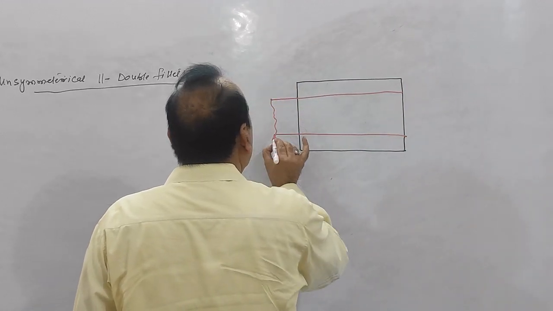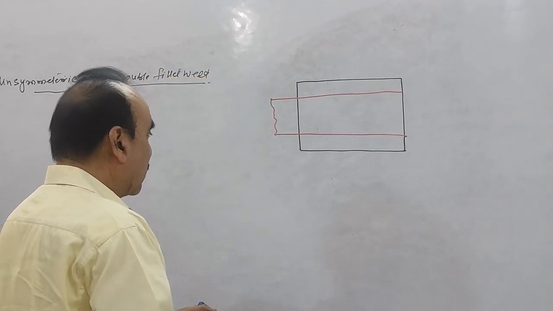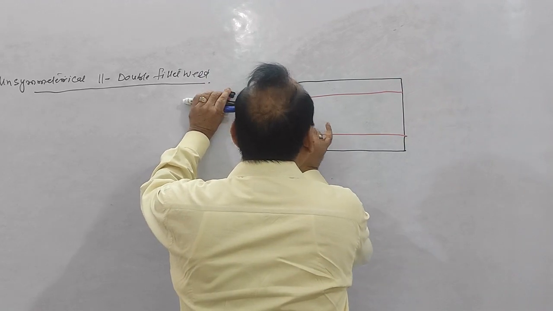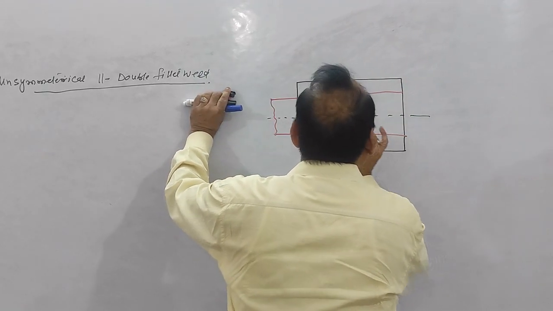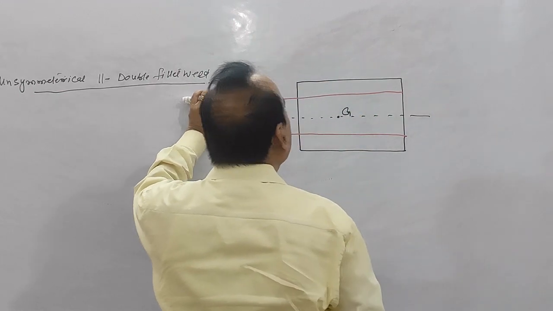This is the center line, the centroid of the plate, right?